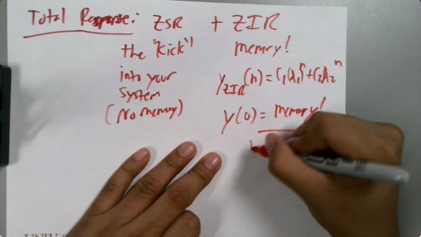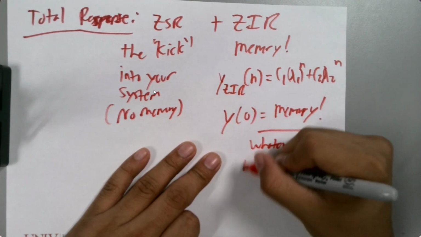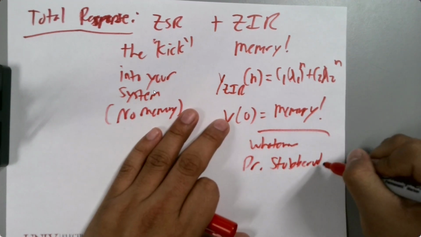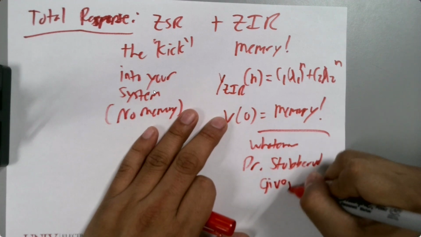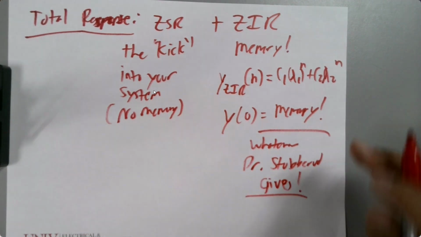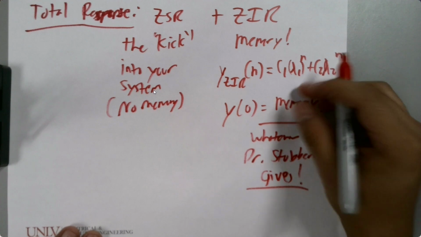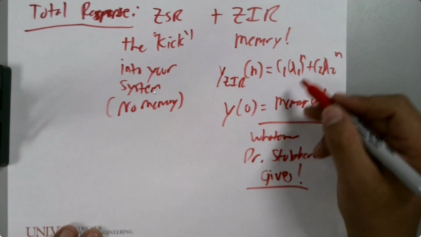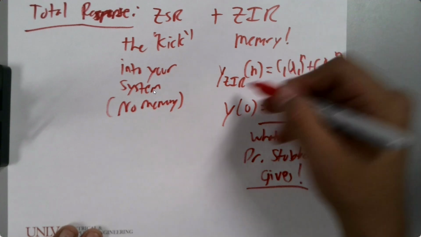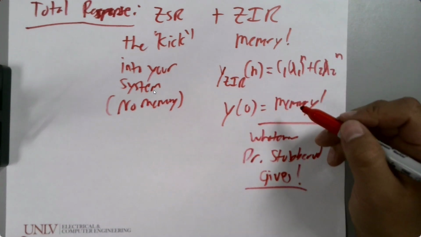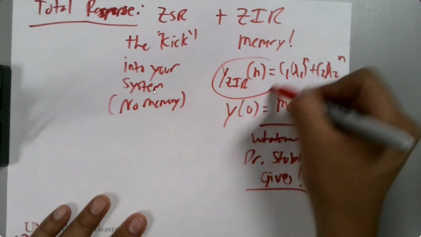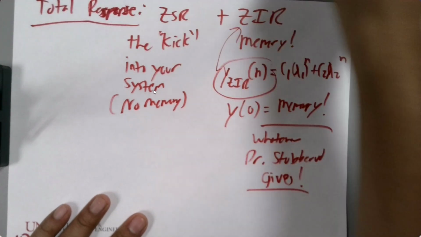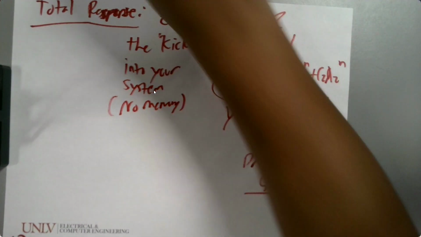So whatever Dr. Stuber gives you, this is stuff you have to work with. Whatever number he gives you for your memory, your ZIR, you just solve it the same way. Simple. And then you add the ZIR to the ZSR, and you get the total response.